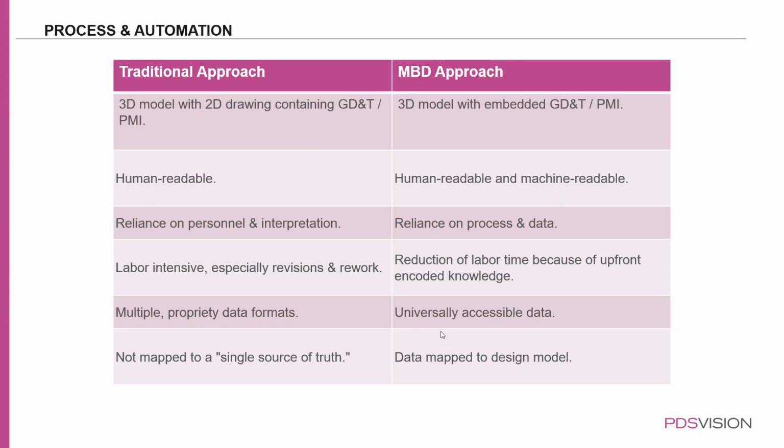You can use them to depict and visually see where exactly your dimensions are. Again, the traditional approach is a bit labor intensive, so you have upfront encoding in the model-based definition approach. You have universally accessible data in the model-based approach, whereas you have multiple proprietary data formats like DWG formats, PDFs, drawing formats, and so on.